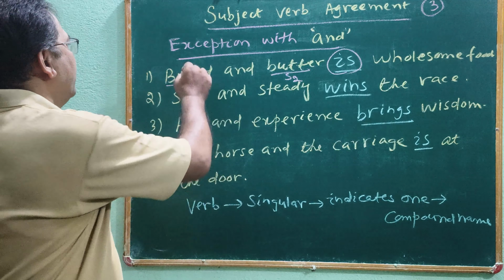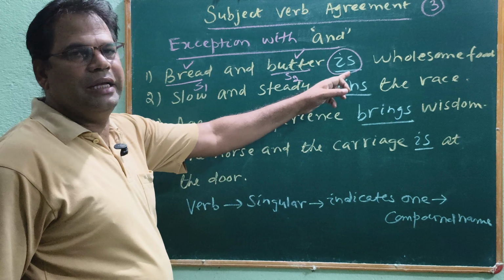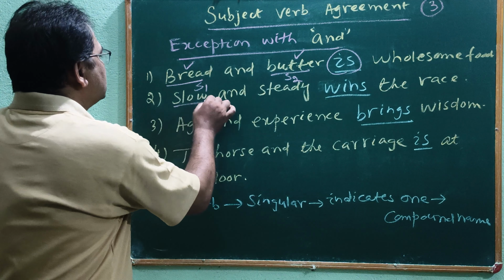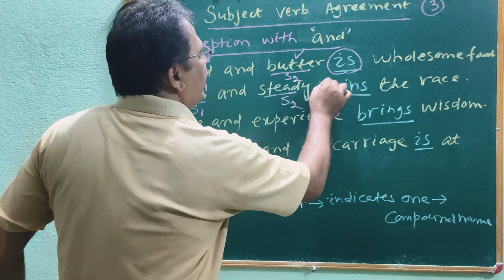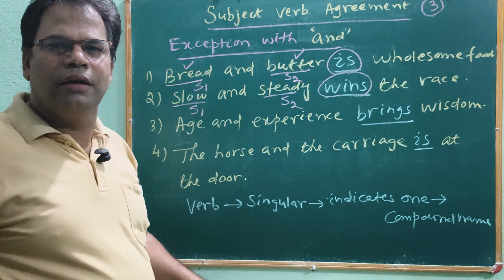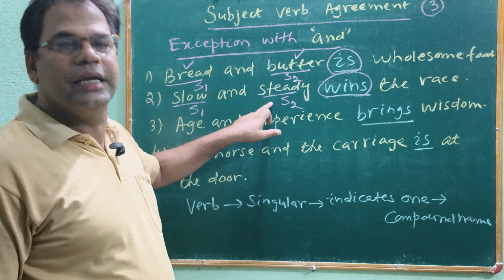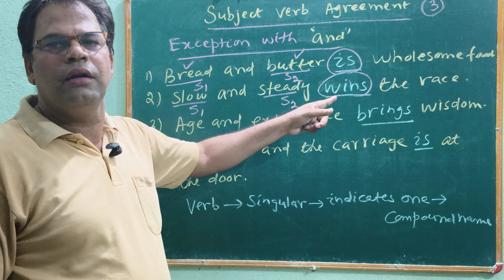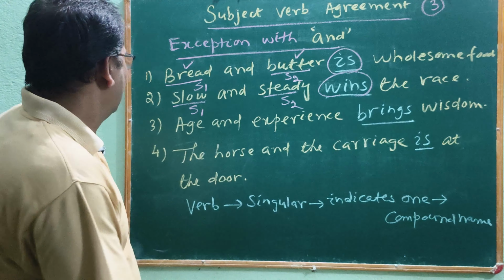But see, bread is S1, and butter is S2, and the verb is singular. In the second, slow and steady wins the race. Wins is also singular. Slow is S1 and steady is S2, connected with and. The verb should have been plural, but here it is singular.